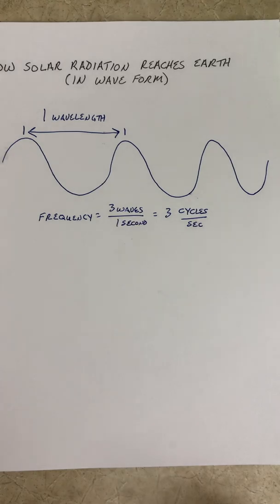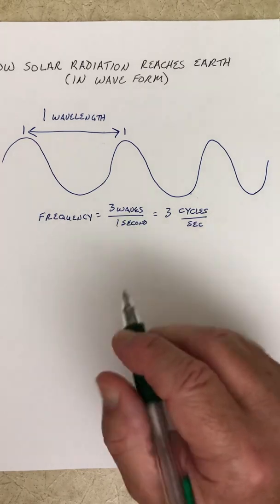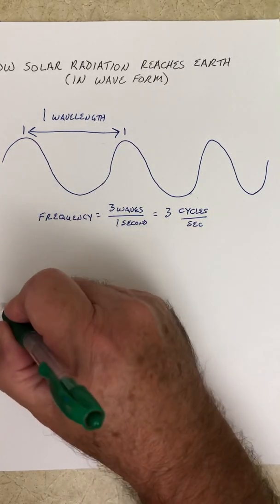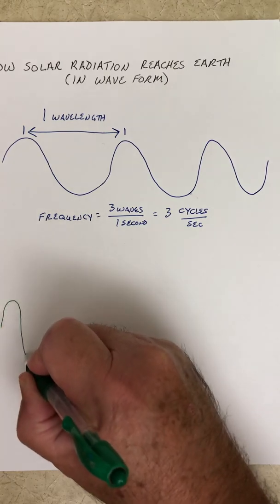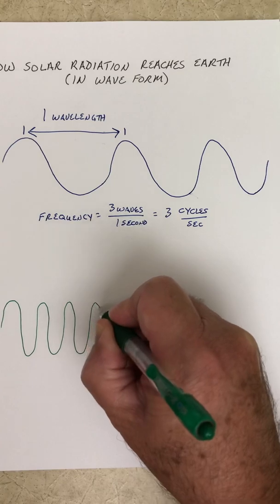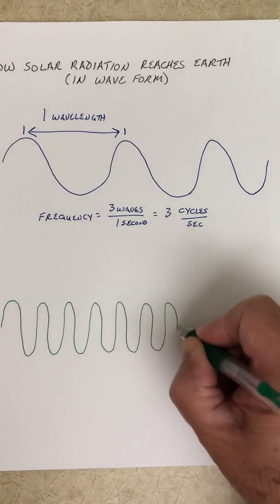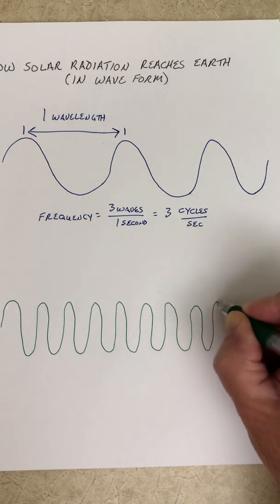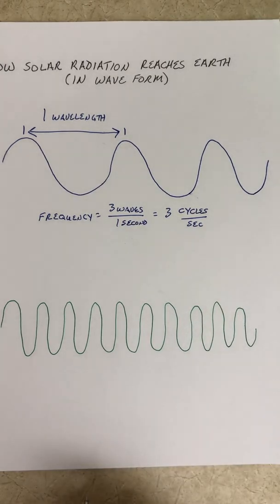Now let's take a look at another form of radiation. This one has a different form because it's going to have a different wavelength. So I'm going to very purposely draw it. Here we have another type of radiation.